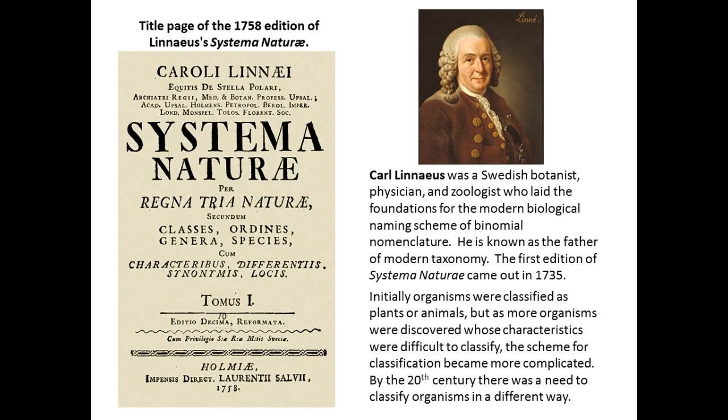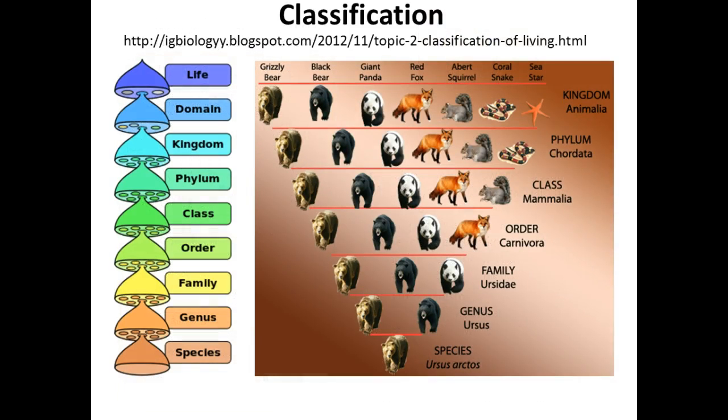So it has diverged quite a bit, even from this schematic that you see here that most of us learned when we were in school or in biology class. We learned about kingdoms and phyla and classes and orders and families and genera and species.